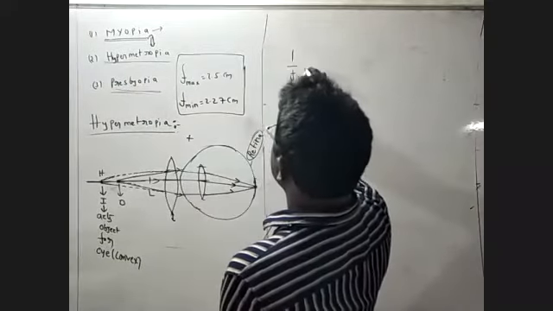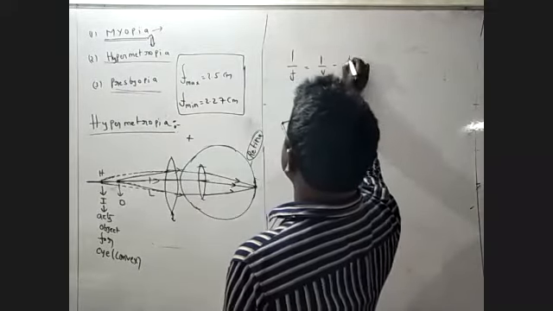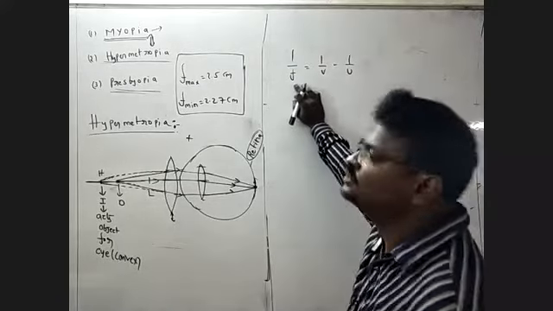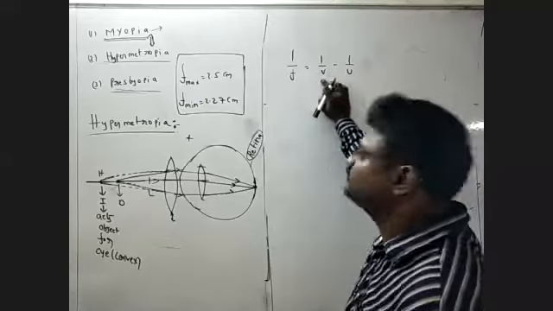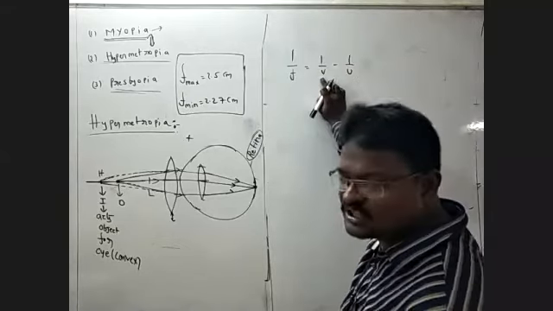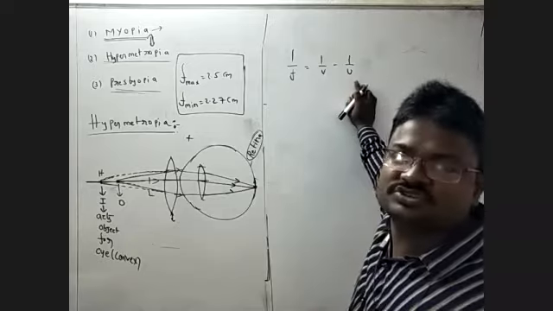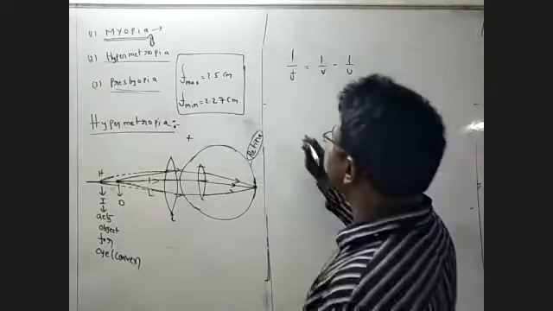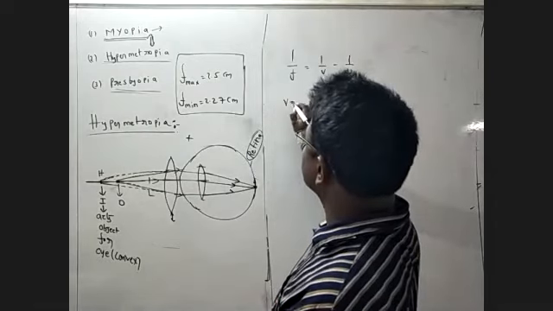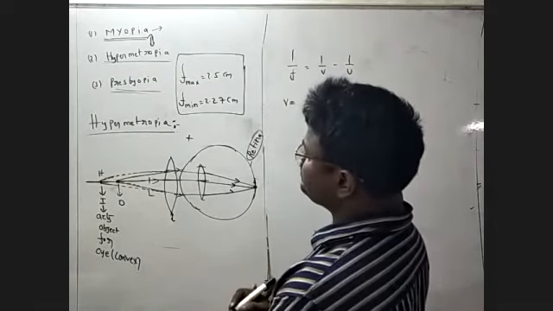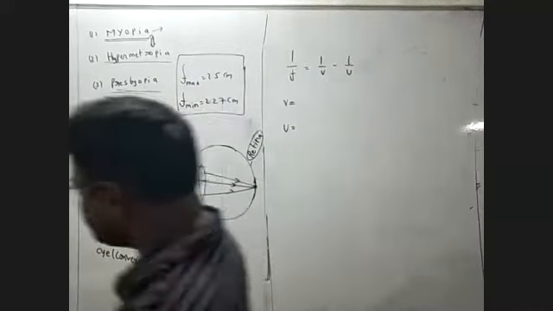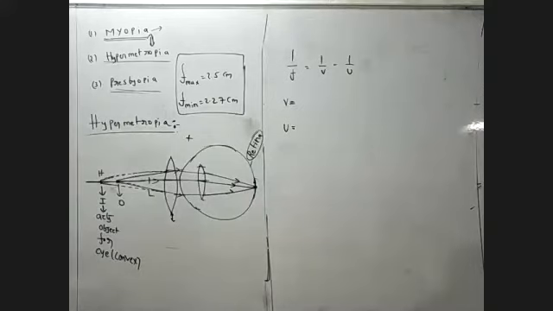We are using the focal length formula: 1/f = 1/v - 1/u. f means focal length, v means image distance, u means object distance. Now f is equal to... what is v? What is u? What are we checking? u.